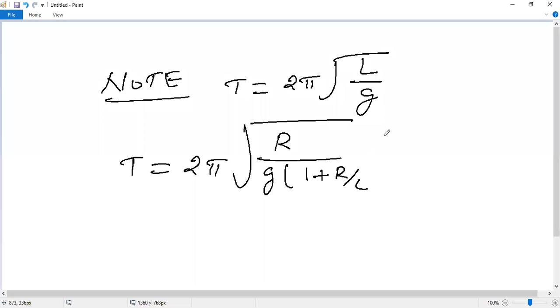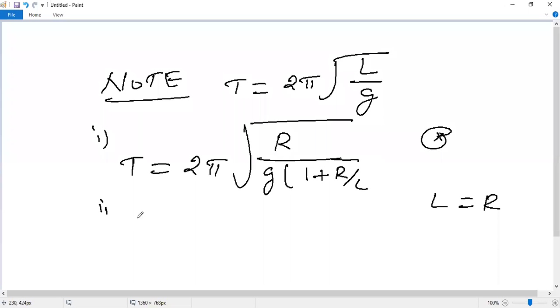Maybe if they ask a problem, you can utilize this formula. The length of the simple pendulum is comparable to the radius of the Earth. This is the first one.